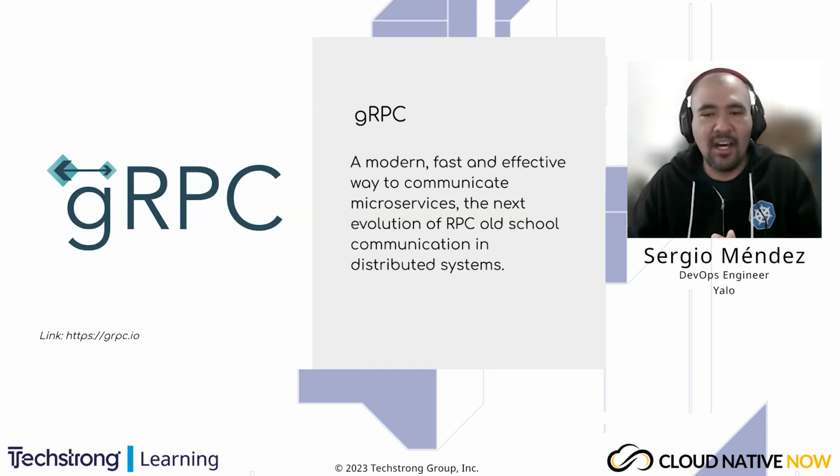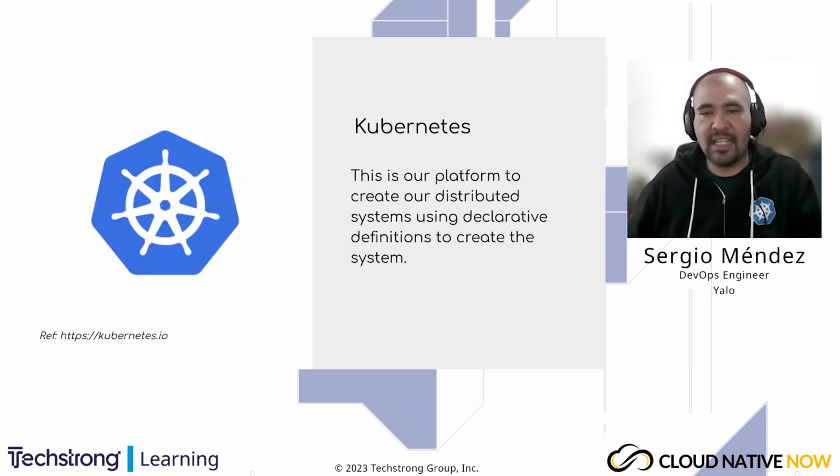So we are using gRPC as a way to communicate containers and pods and that kind of thing. We are using, of course, Docker. Docker is our way to create a small piece of software that is running. Docker gives you the ability to create a kind of virtual environment that you can use.